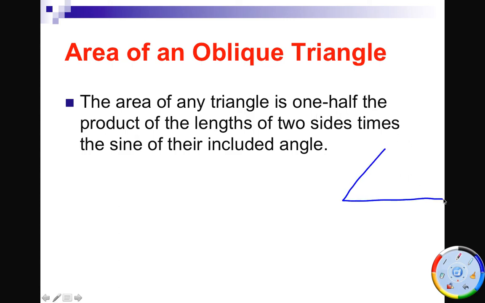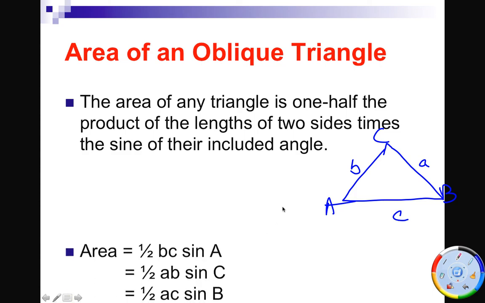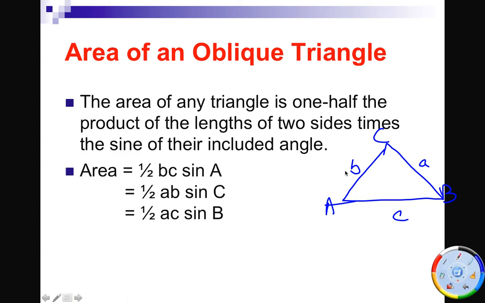So given some triangle over here, A, B, C, with little a, little b, and little c, if you were to take the sine of A times the sides beside it, divide by 2. So it's 1/2 times B times C times the sine of A will get you the area of an oblique triangle. And you can use any one of these three, depending on what you're given. All right, very simple formula for you guys to follow. Very cool, though, because now you don't have to think too hard about how to find the area of a triangle.